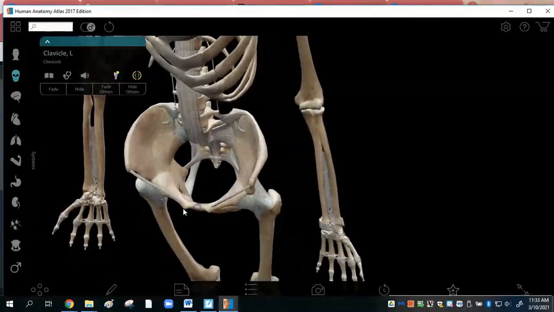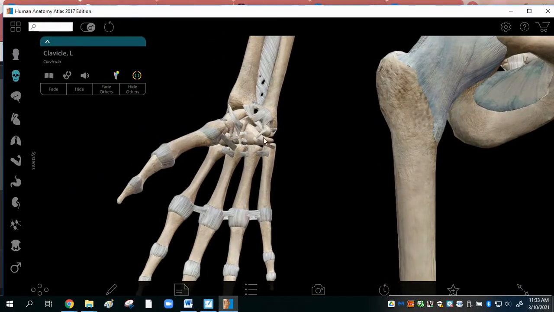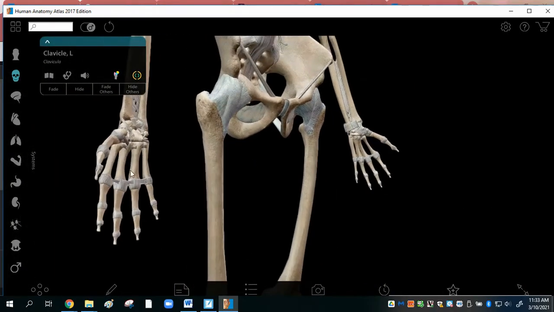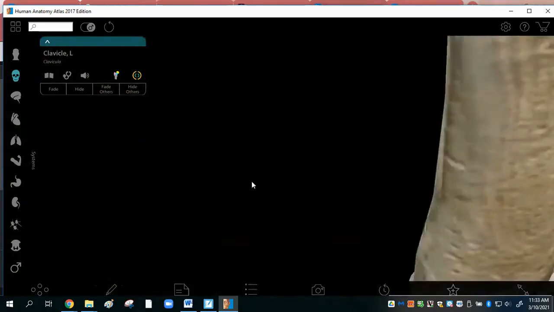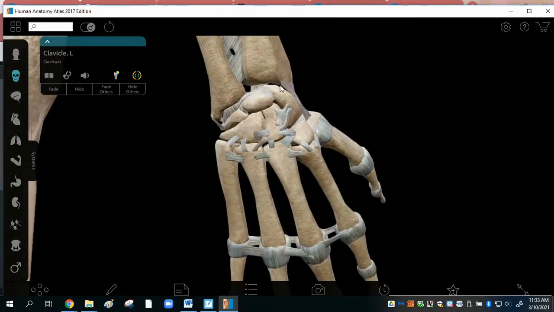A couple more examples are the joint between each one of these individual carpal bones is considered a gliding joint. And if you look, I've actually deleted some ligaments, but there are so many ligaments that hold this area together that you kind of understand how really that's the only motion that's going to be allowed. Between the carpals and the metacarpals are just a gliding joint.